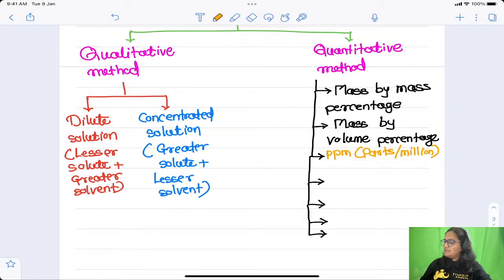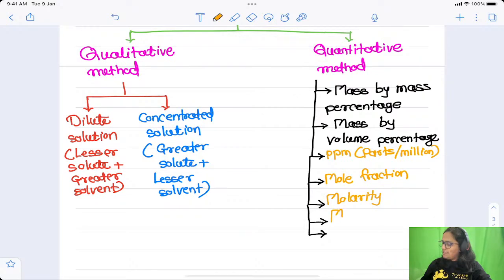Okay, the next is mole fraction. No need to discuss them right now, we are going to discuss them later. Mole fraction, then molarity, then molality.